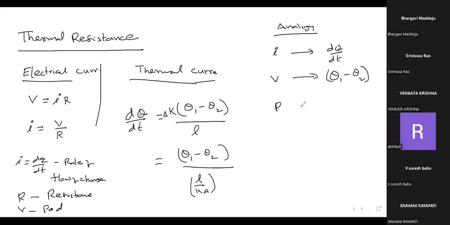Next, R is the resistance, and in this case R is L by K A. Here L by K A is called the thermal resistance.